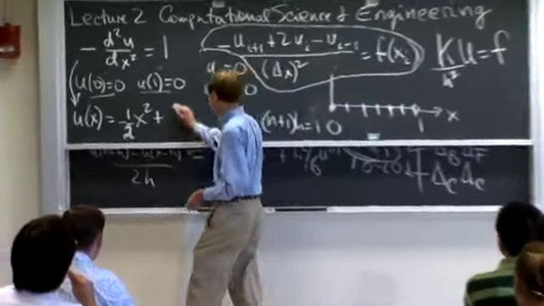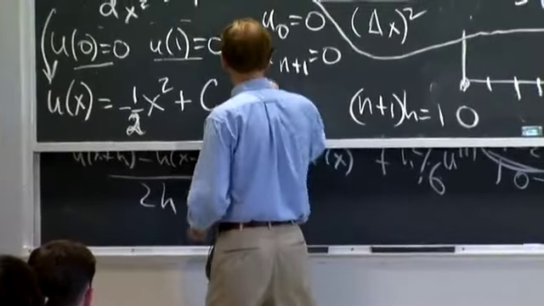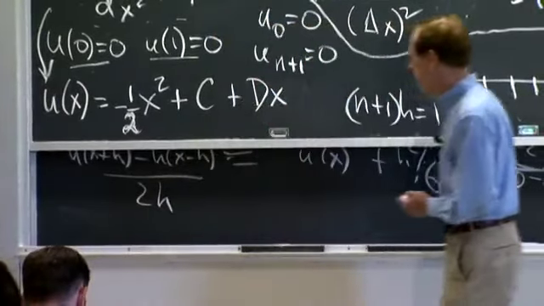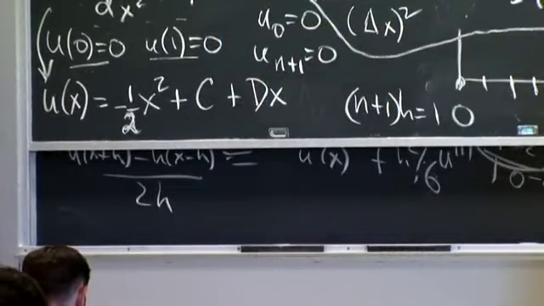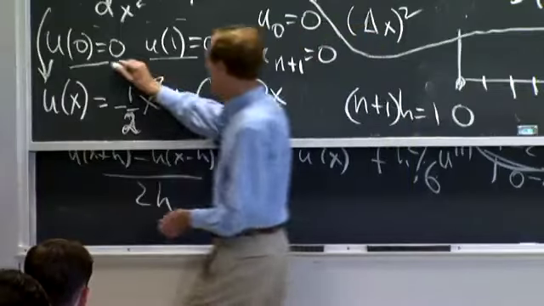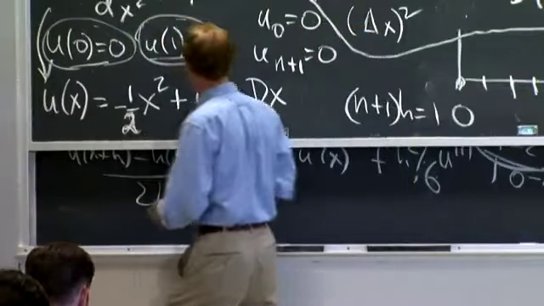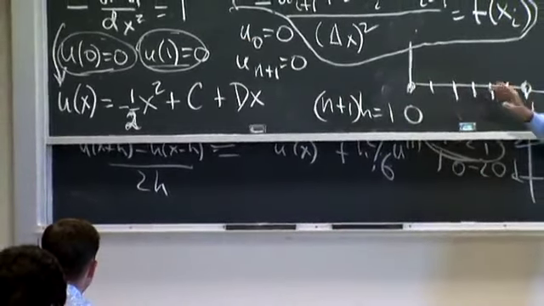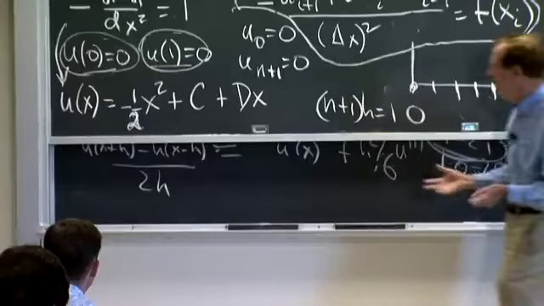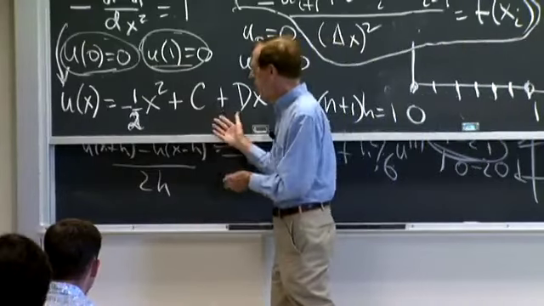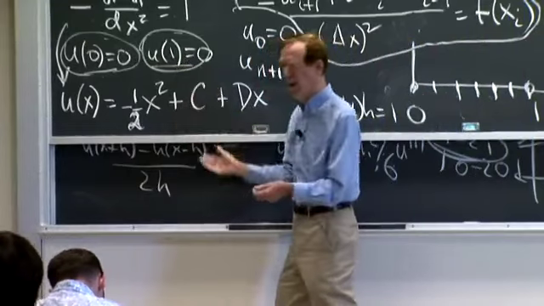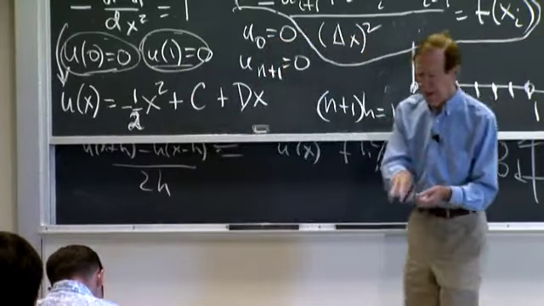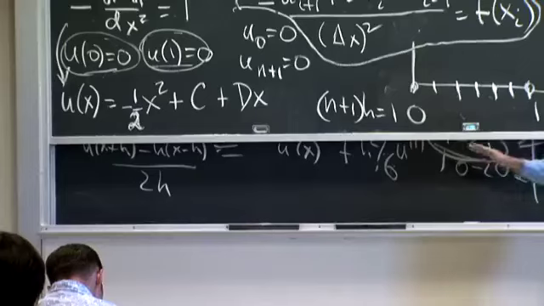So let me put the constant first, c, and dx. 2 constants that I can play with, and I'm going to use those to satisfy the 2 boundary conditions. It won't be difficult. Plug in the first boundary condition, get an equation for the constants, plug in the second, get another equation. 2 boundary conditions, 2 equations, 2 constants. Everything's going to come out.